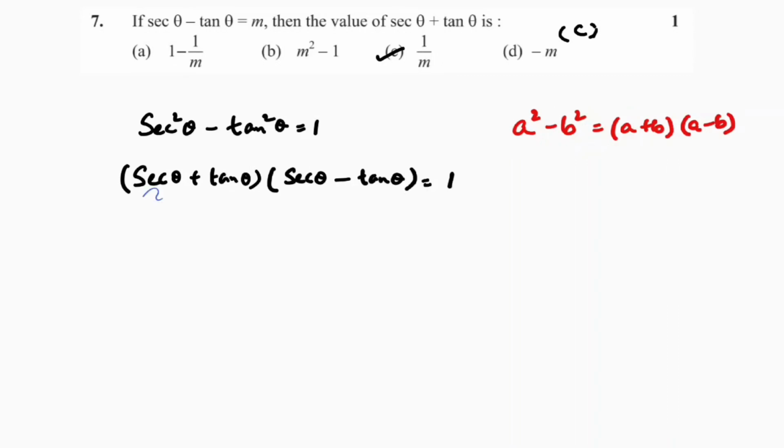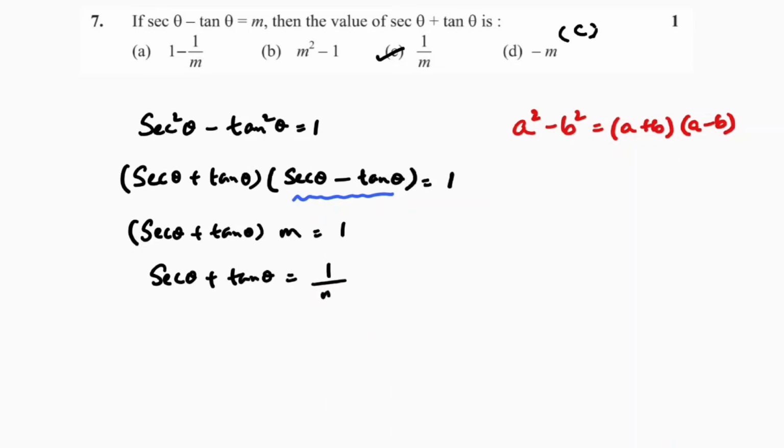They gave sec theta minus tan theta value is m. So sec theta plus tan theta into m is 1. Now if I transpose m to the other side, sec theta plus tan theta is 1 upon m. So correct option is C.